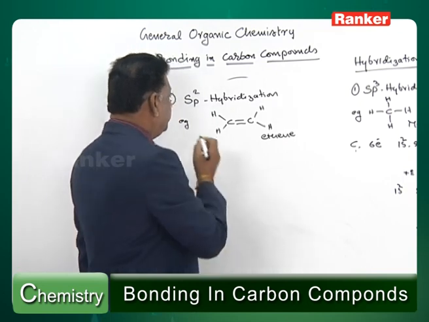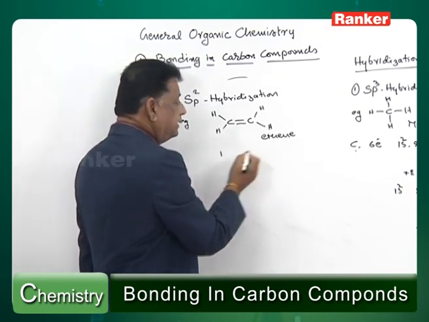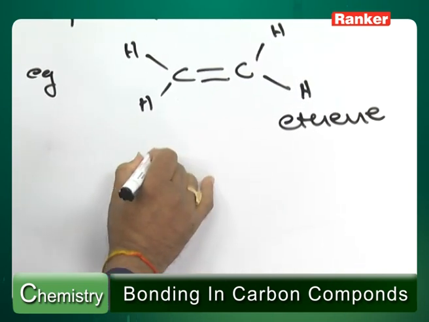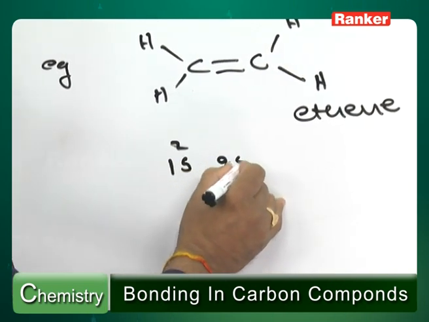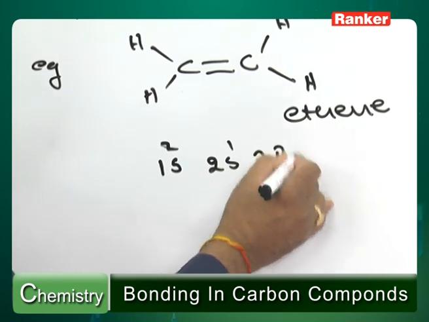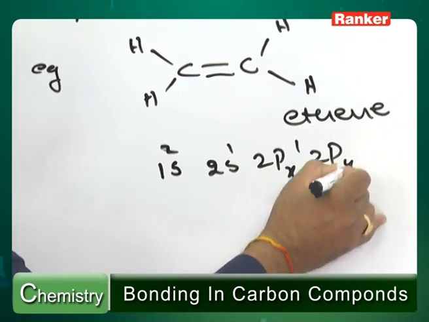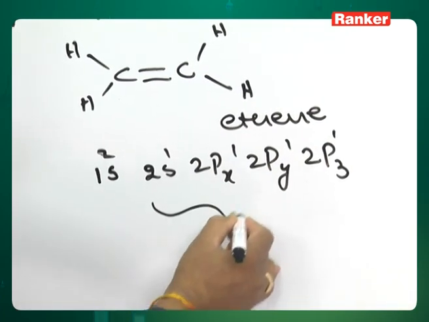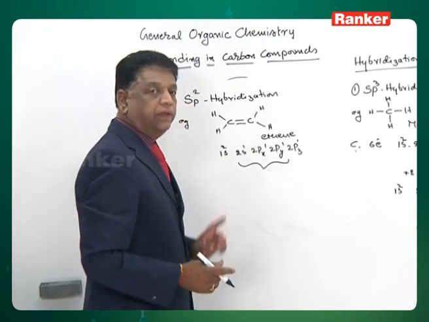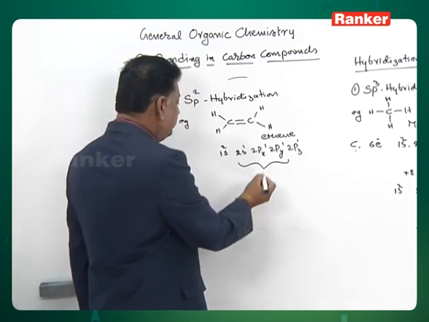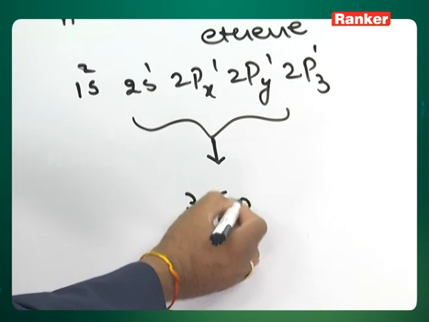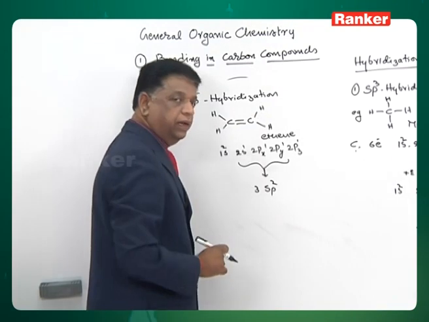And now the hybridization will be in the excited state as we have proposed. 1s2 will be as it is, but 2s1 2px1 2py1 2pz1, out of these 4 only the s and 2p orbitals are undergoing hybridization, resulting in the 3 hybrid orbitals, namely sp2, 1s and 2p representing.